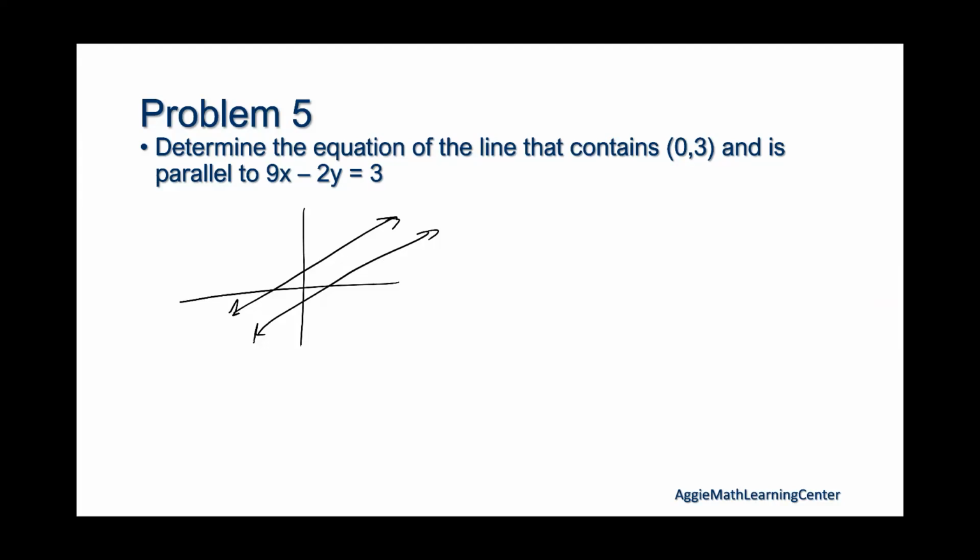So if we have parallel lines, that tells us that the slopes are equal. Okay, so with that in mind, take a couple minutes and try and find the equation to this line.